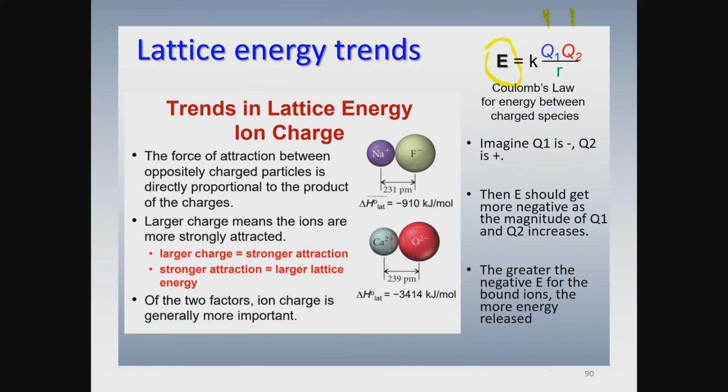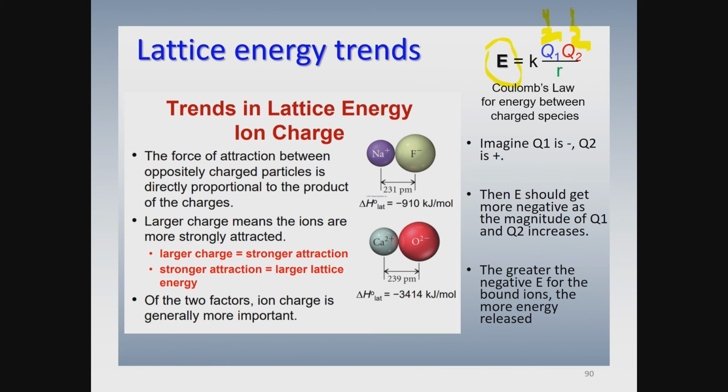The value of the calcium charge is 2, while the value of the oxygen charge is 2. So the way you derive the energy from these ions is you multiply the magnitudes of the charges together. For sodium and fluoride, the charges are 1 apiece, so 1 times 1 is 1. But if you multiply the charge magnitudes of calcium and oxygen, it's 2 times 2, which is 4.